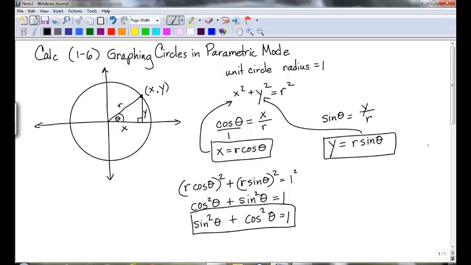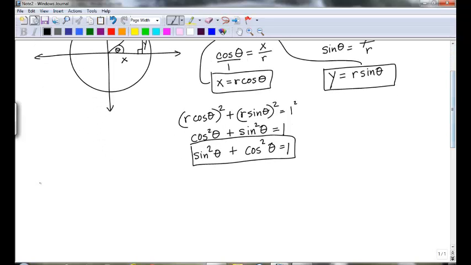Now, using that idea and that information, we're going to take from graphing circles in function mode, you can go to graphing circles in parametric mode. Last week we did some in parametric mode, where I did a baseball problem and a golf problem where the t represented the time that the baseball was in the air.